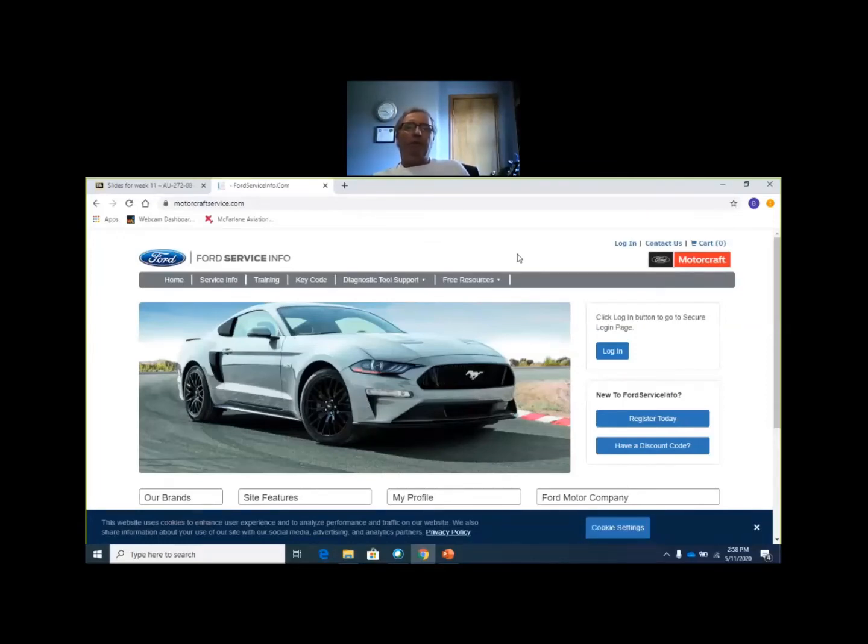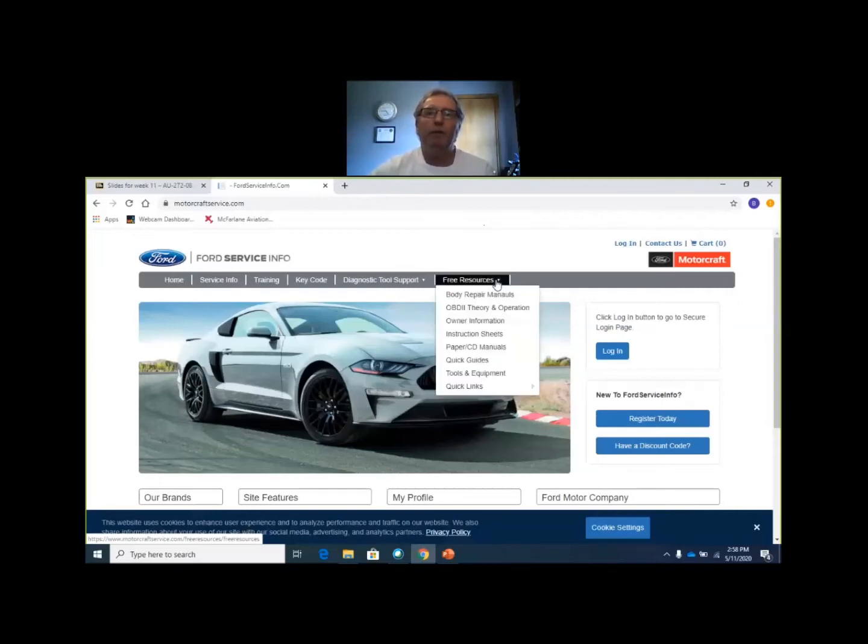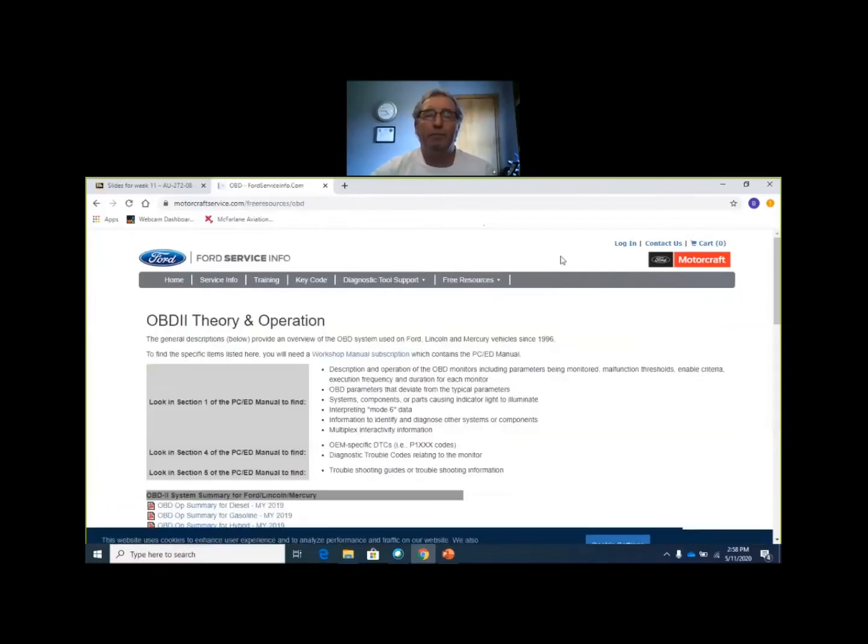The catalyst monitor, the federal test procedure, is not radically different from one manufacturer to another necessarily. So if you learn the way Ford does it, you're going to have a pretty good idea of how everyone else does it. So under free resources here, there's OBD2 theory and operation.